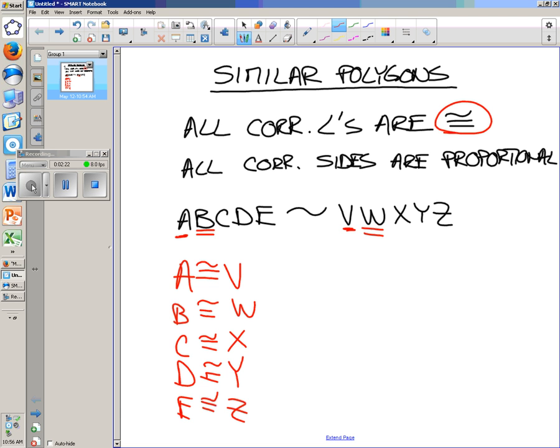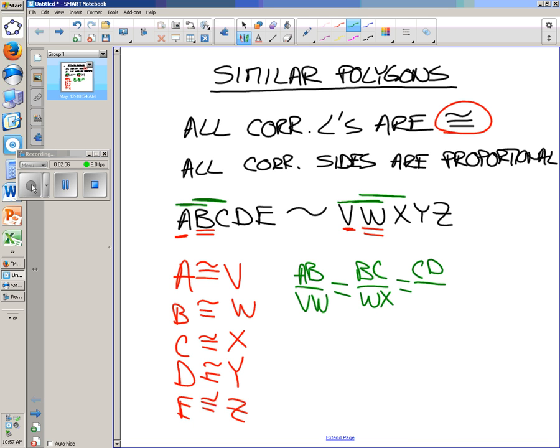But now for the similarity part, we've got some ratios. I'm going to take these first two together, AB, that's one segment. That's got to correspond to VW, which means that ratio, AB compared to VW, is the same thing as BC compared to WX, and we just keep going.